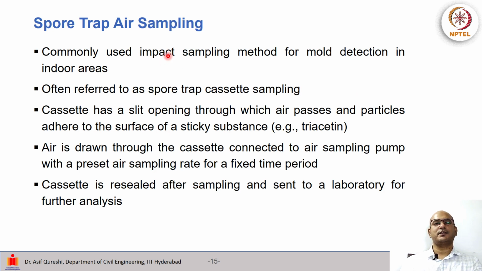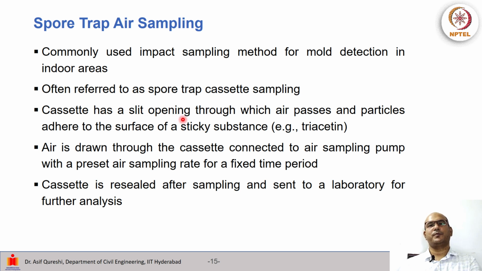In spore trap air sampling, we basically collect mold. This is a commonly used impaction sampling method for detection of mold in indoor areas. Often this is referred to as spore trap cassette sampling. A collection cassette has a slit opening.